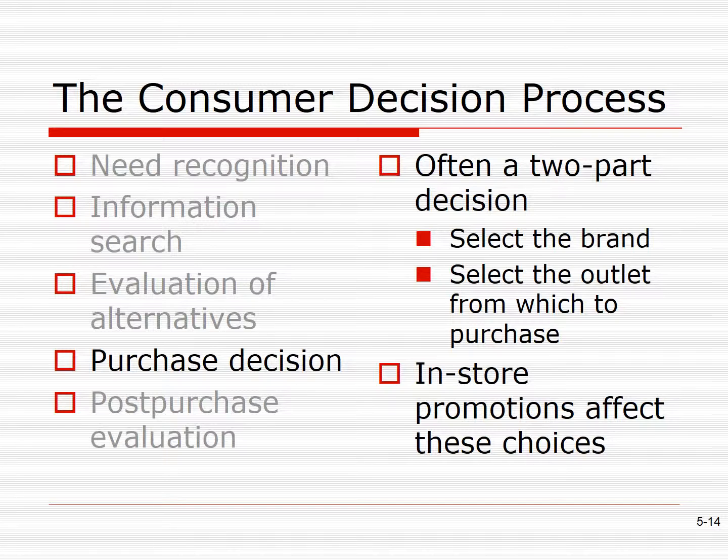Your messaging needs to be perhaps very competitive, so saying why this brand is better than the other brand. And as long as you have extensive distribution, the person will be able to find the brand wherever it is that they go. On the other hand, if they're outlet first, then you need to focus on things like retailer advertising, like exclusive distribution. Make sure that your brand is the only brand in that outlet that they're going to choose from. So there's a couple of examples of how the order of that decision can have an impact on your marketing decisions.